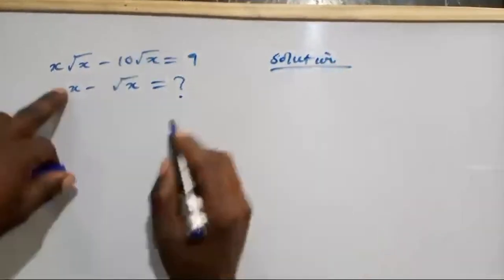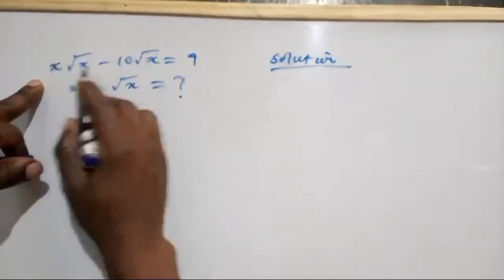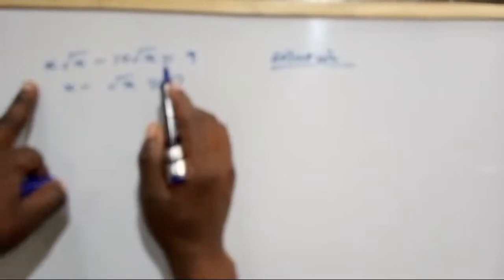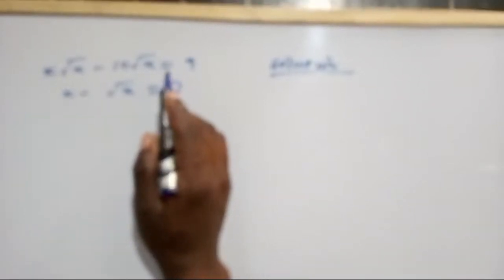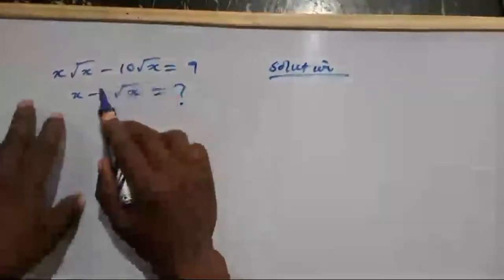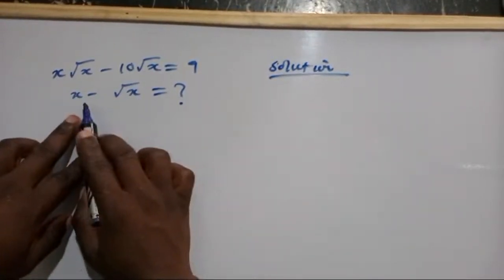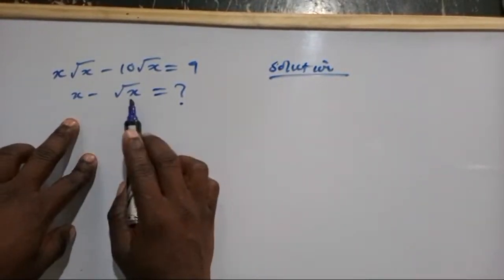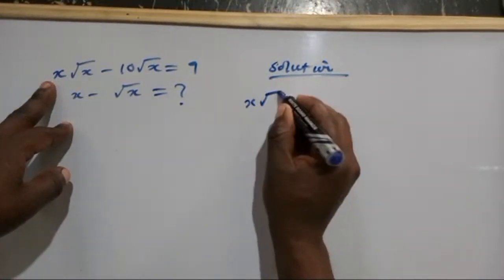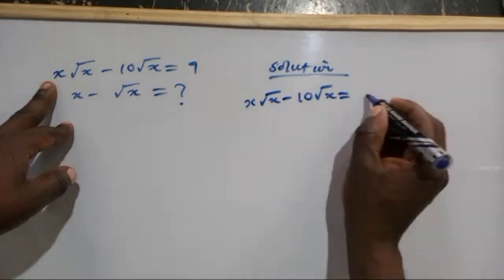Let's take this first equation, because this very same radical equation will help us find x minus root x, in which we're going to say x root x minus 10 root x is equal to 9.